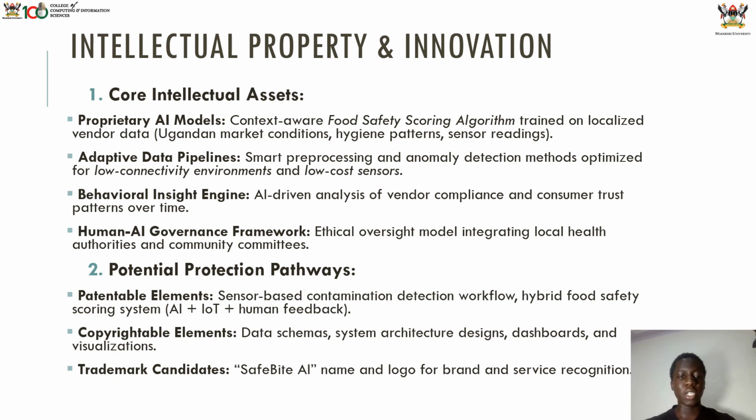And then secondly are the potential protection pathways, one being patentable elements through the sensor-based contamination detection workflow and hybrid food safety scoring systems. And lastly are the copyrightable elements and trademark candidates, which covers the SafeBite AI name and logo for brand and service recognition of our system.